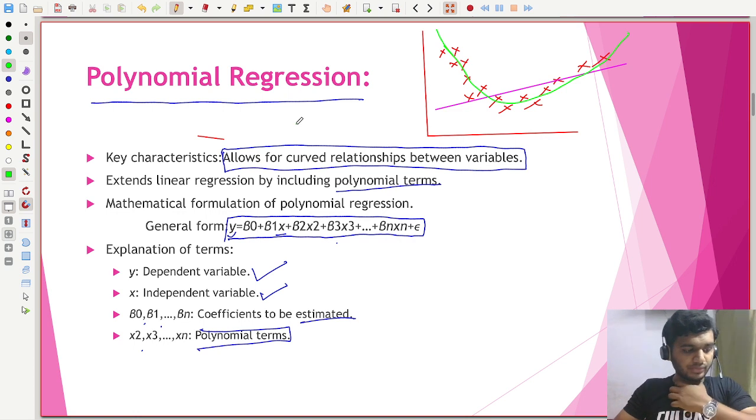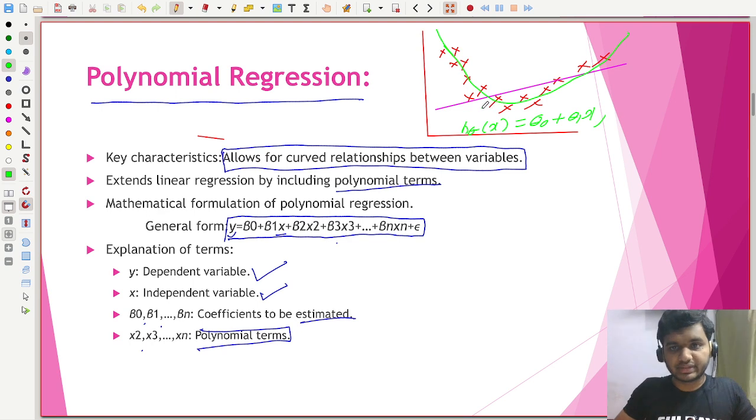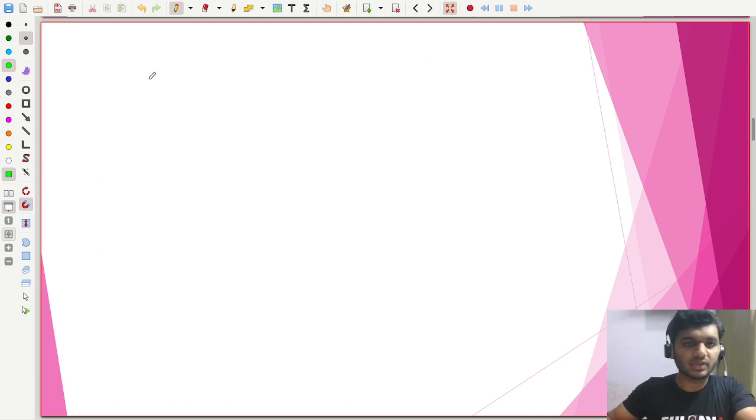So this equation is h theta of x equals theta 0 plus theta 1 x1. In polynomial regression, suppose the degree is 0.